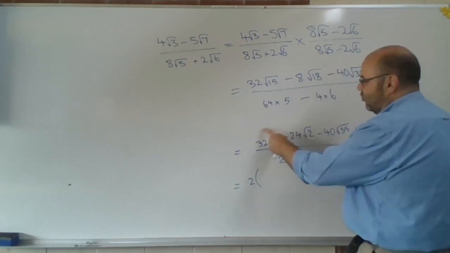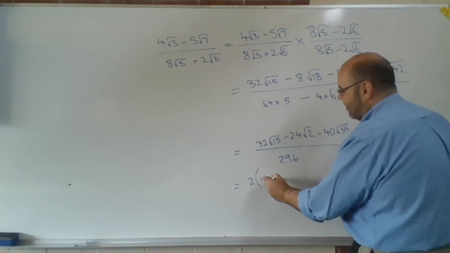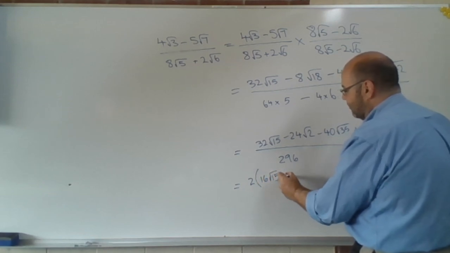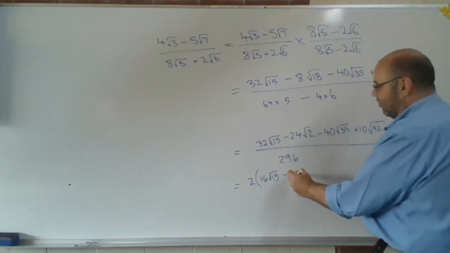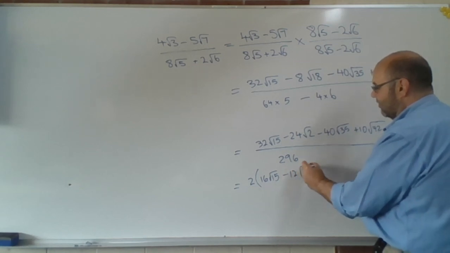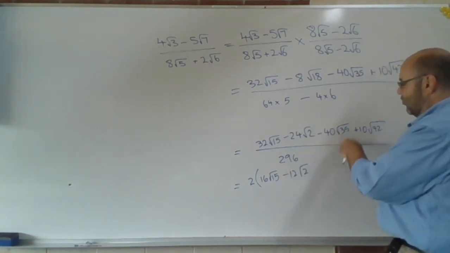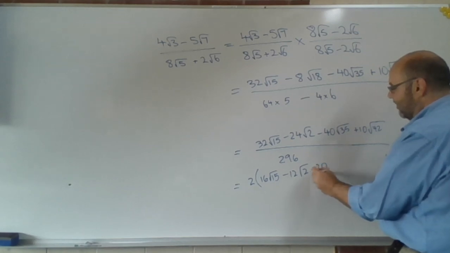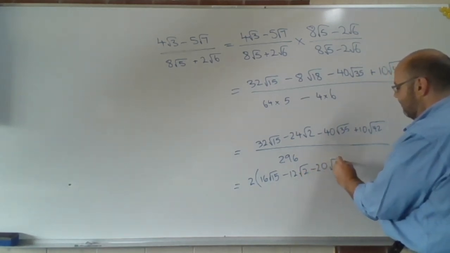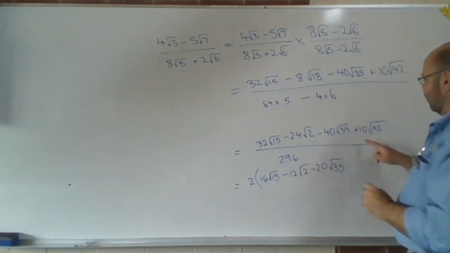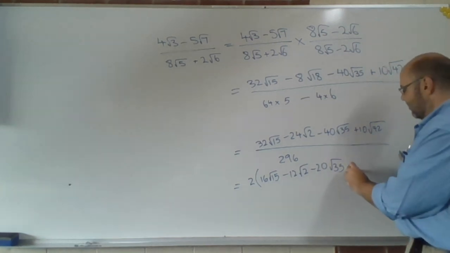If I take a 2 out of 32, I get 16. If I take a 2 out of 24, I get 12. If I take a 2 out of 40, I get 20. If I take a 2 out of 10, I get 5.